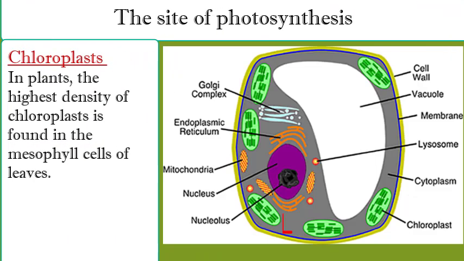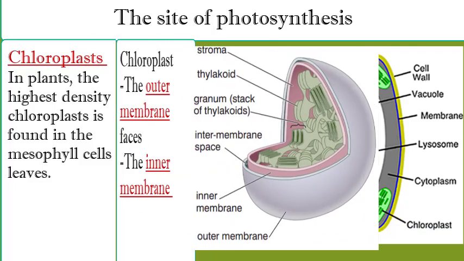The site of photosynthesis. The site of photosynthesis is the chloroplast, which is a specialized organelle found in the cells of plants and algae. In plants, the highest density of chloroplasts is found in the mesophyll cells of leaves.